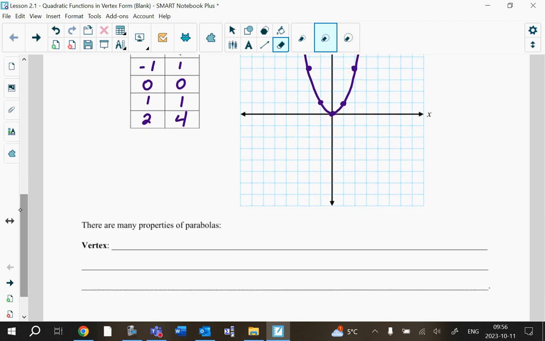Something called a vertex. The vertex is the point where the parabola bottoms out, or if it's upside down, where it tops out. So the vertex in this case would be here. Because that's where it bottoms out.